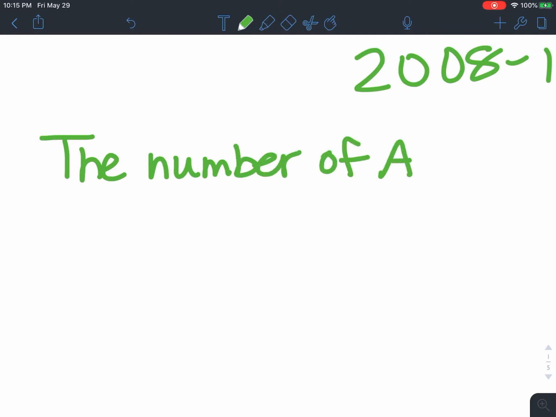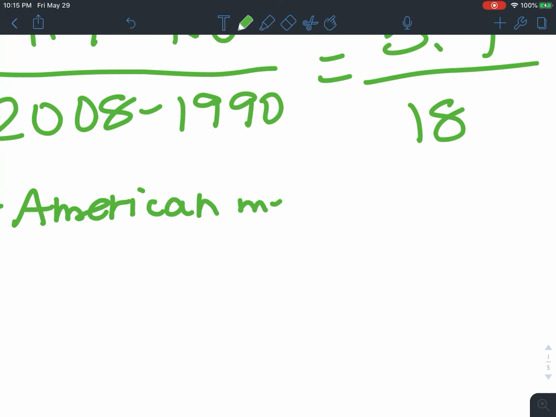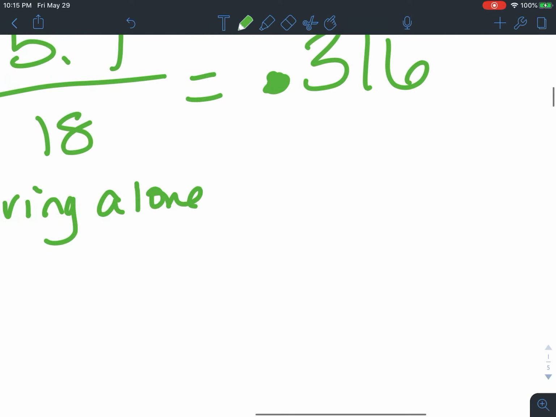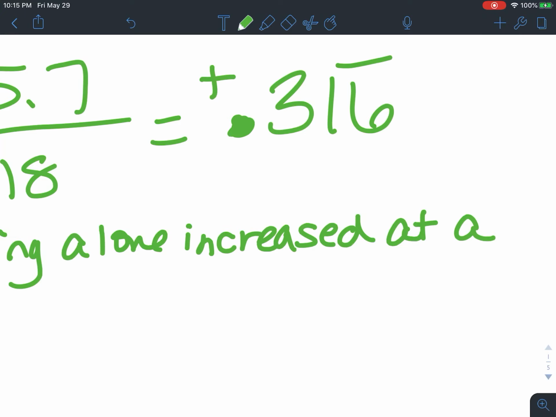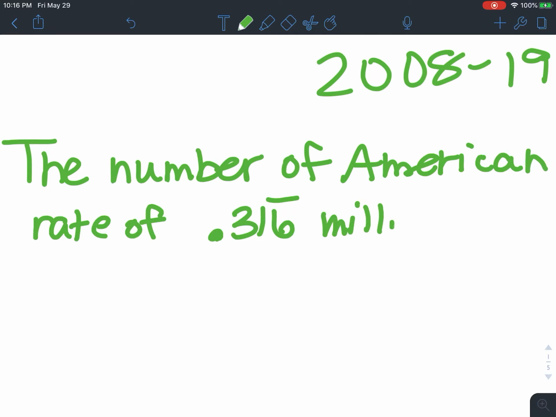So the number of American men living alone, did it increase or decrease? Well, it's a positive number, so it definitely increased. If it was negative, you would say that it decreased at a rate of 0.316 million men per year.